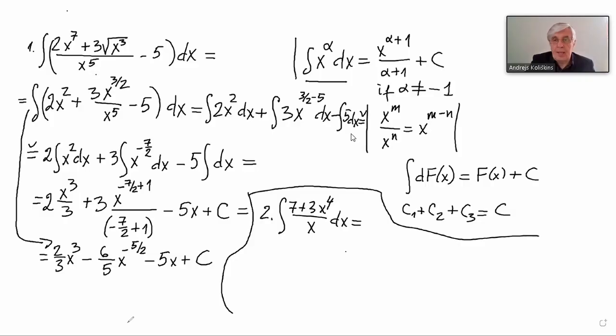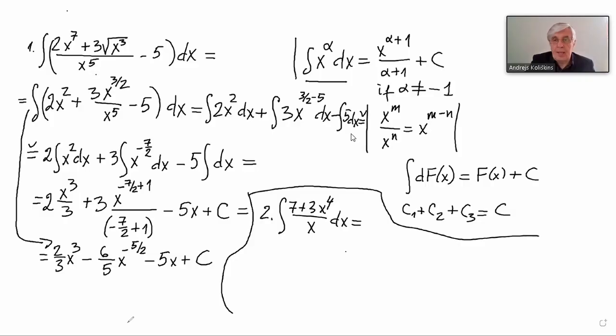Now, this integral is in the table, and it is the natural logarithm, because the derivative of the logarithm is 1 over x. This is from the same category that we see here with alpha equals 3. So 3 x to the power 4 divided by 4. So this is the final result.